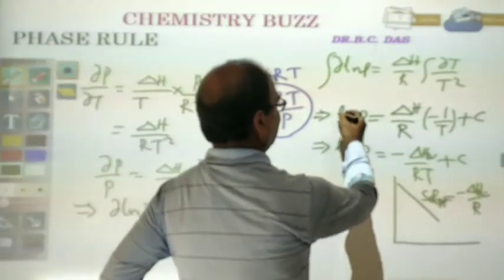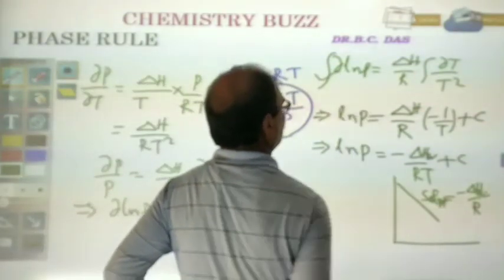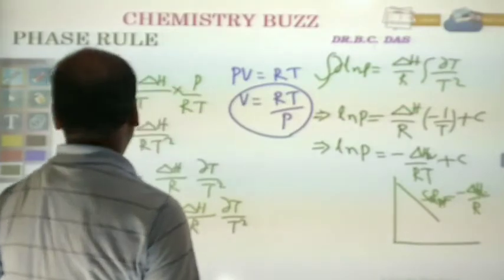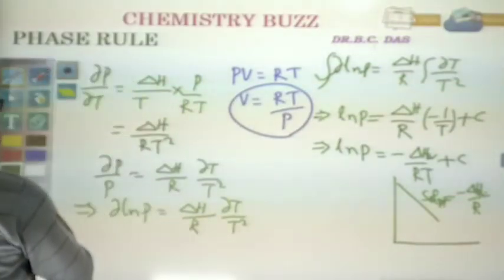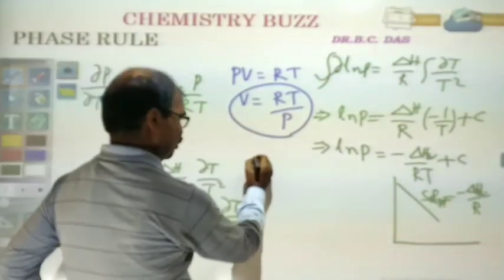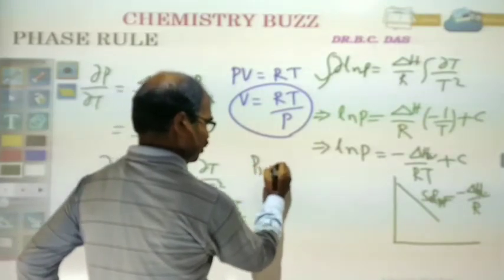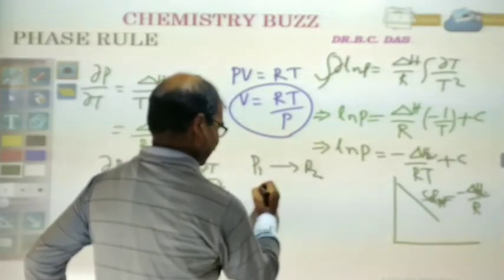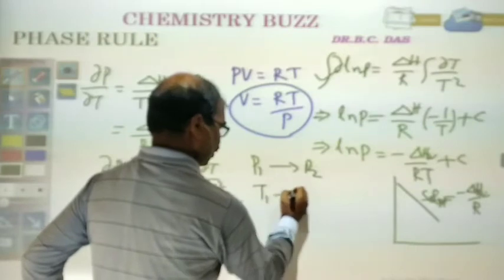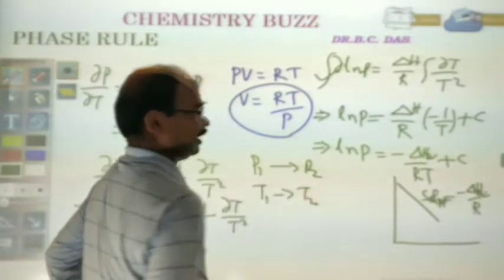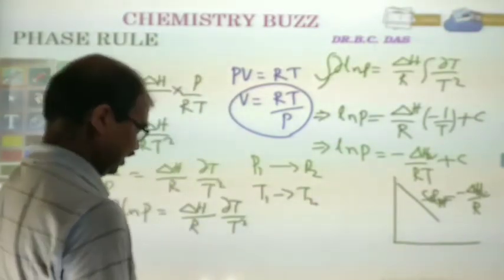Again we will integrate this equation with the limits, that is when P1 changes to P2 and T1 changes to T2, we get an exact differential.